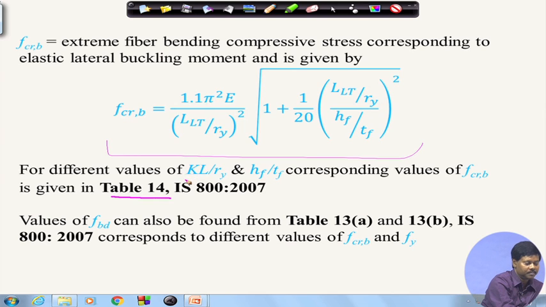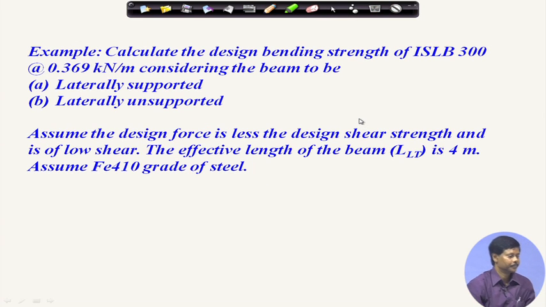Simply we can find the value of KL by RY and HF by TF, and from Table 14 we can find the value of FCRB. Once we find FCRB, we can find FBD corresponding to FY and FCRB. Once we find the FBD value, then we can find the design bending strength, MD. So, with this formula, now let us calculate the design bending strength of a section.